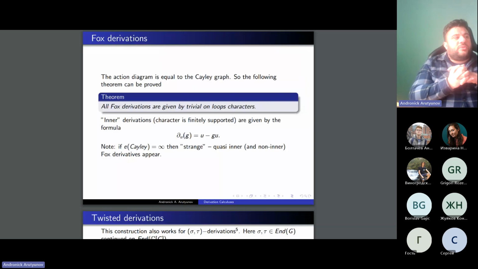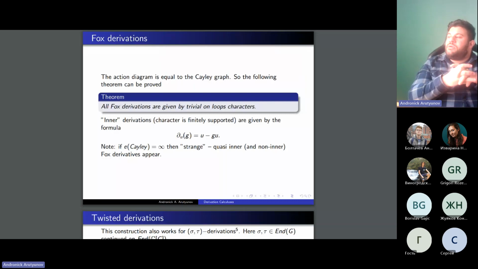But what we have to understand about this problem is, what are quasi-inner derivations? Formally, I have defined them as derivations for which the corresponding character is trivial on loops. But informally, how to understand this?